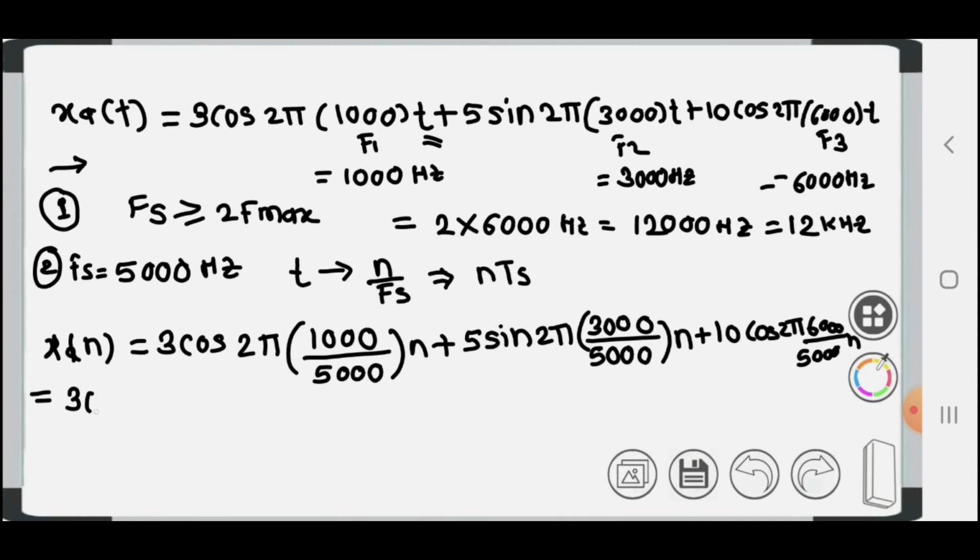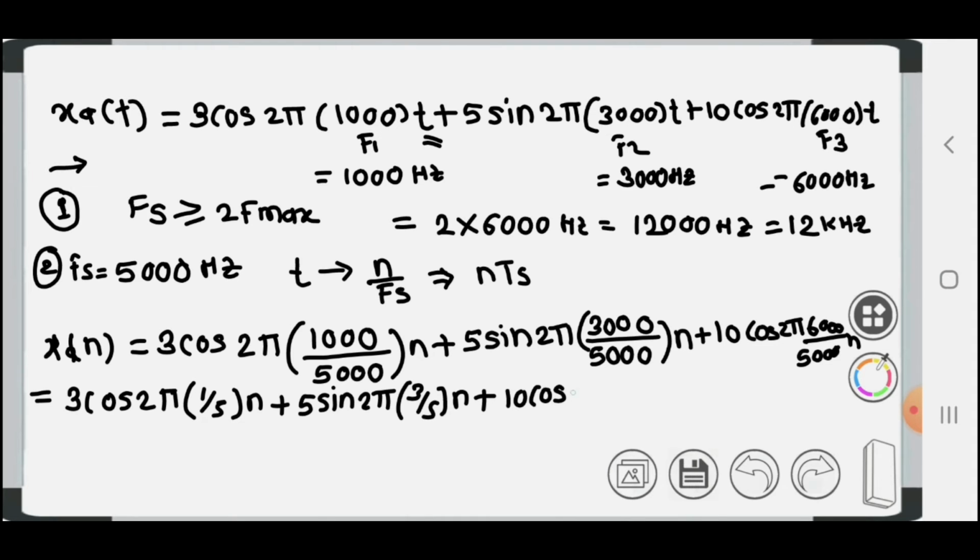Okay, so just simplify it. It will become 1 by 5 n plus 5 sin 2π 3 by 5 n plus 10 cos 2π 6 by 5 n.